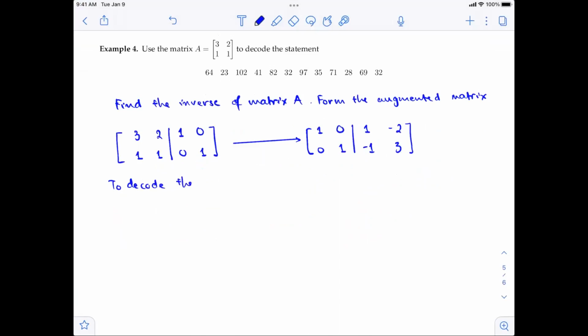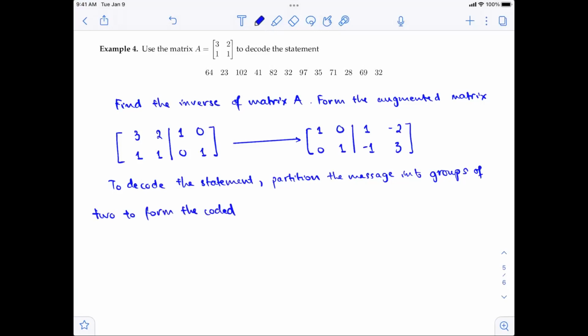Now to decode the statement, what you do is partition the message into groups of 2 to form the coded column matrices.